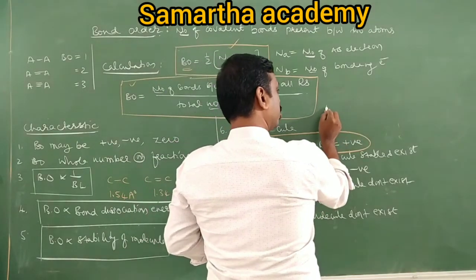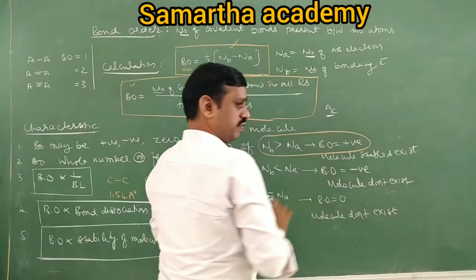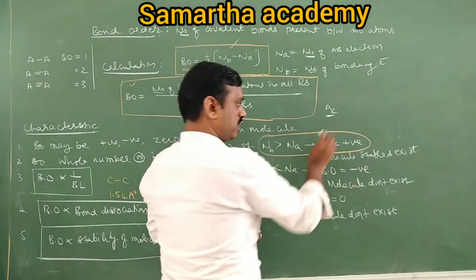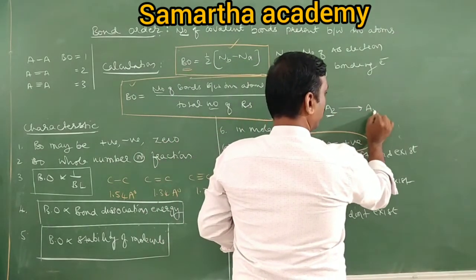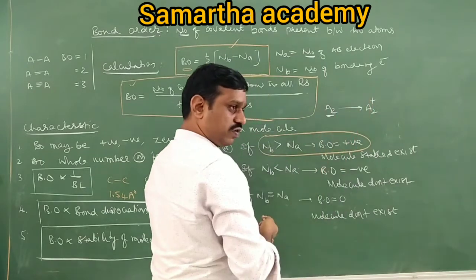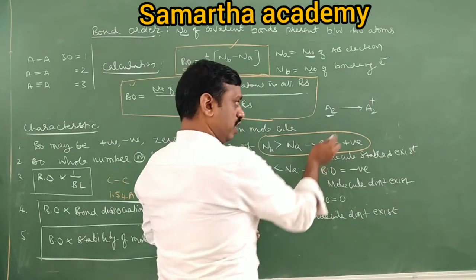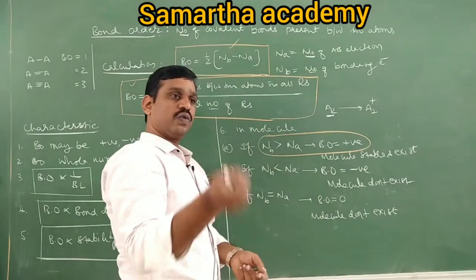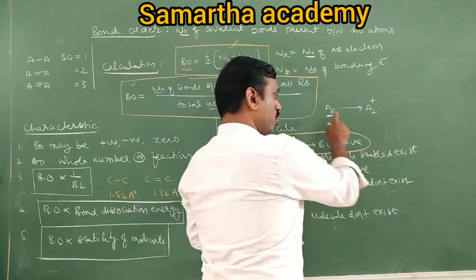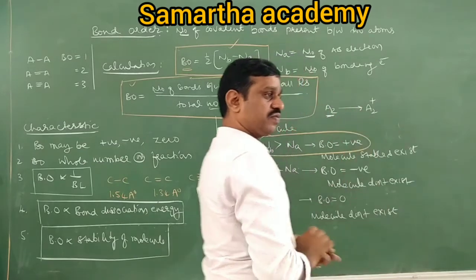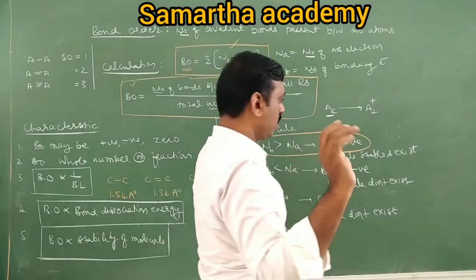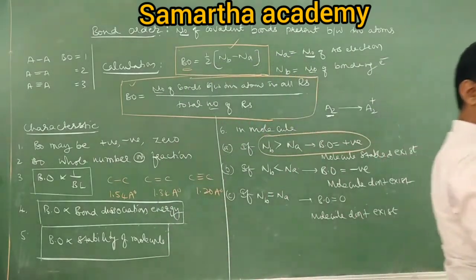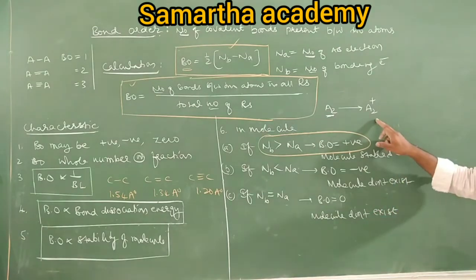There is a molecule A2. Don't write, just listen. This molecule A2 converts into A2 plus by loss of an electron. Then if the A2 molecule loses an electron from bonding, what happens? If it loses an electron from anti-bonding, what happens? I repeat once again, listen here. A2 molecule has converted into A2 plus.